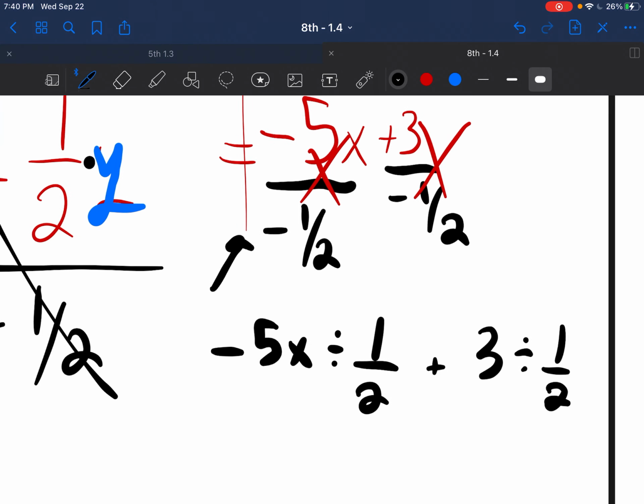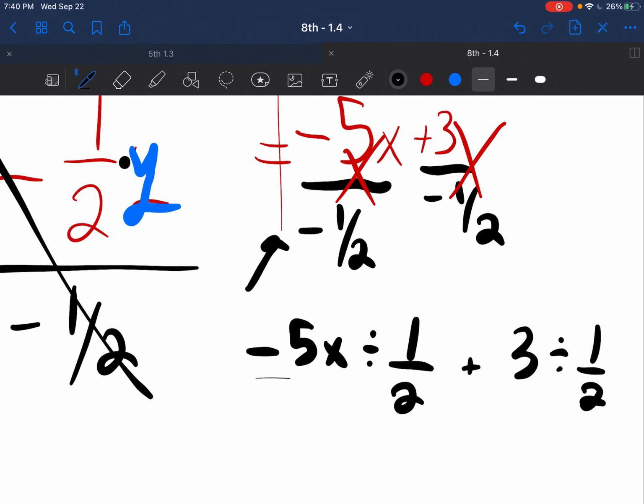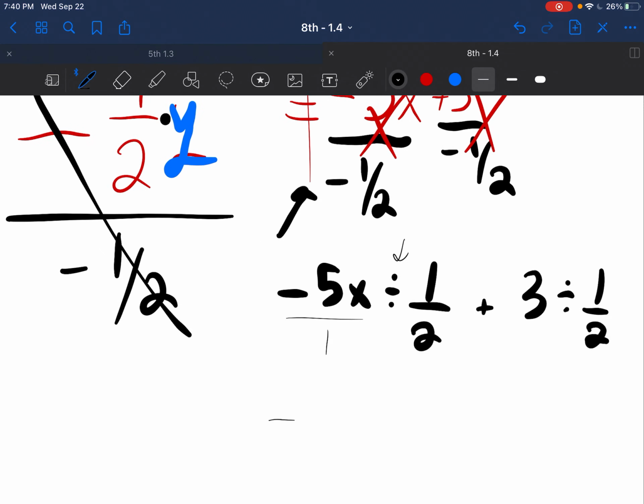Well, ladies and gentlemen, how do we divide whole numbers and fractions? Well, we're going to put this over 1, change that to a multiplication sign, and then we're going to flip the second fraction. So we actually have negative 5x over 1 times 2 over 1, right? And then we have plus 3 over 1 times 2 over 1.